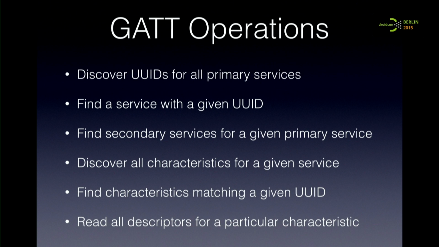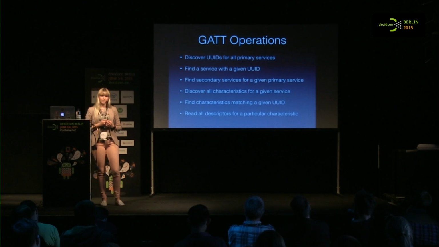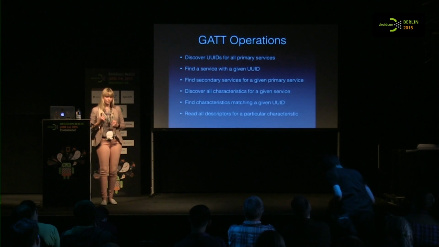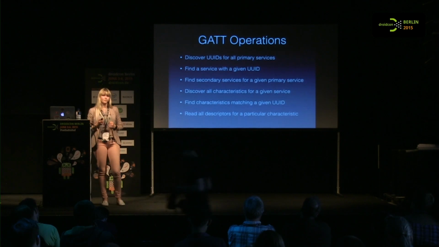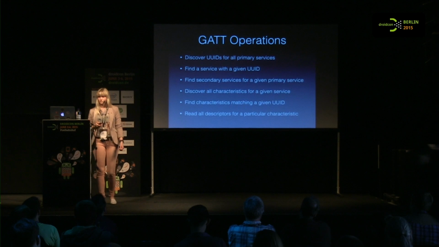The base GATT operations include discovering services, filtering services by UUID, finding secondary services for a service, and matching a service to a given UUID. For a service, we can also read all characteristics and parse them.